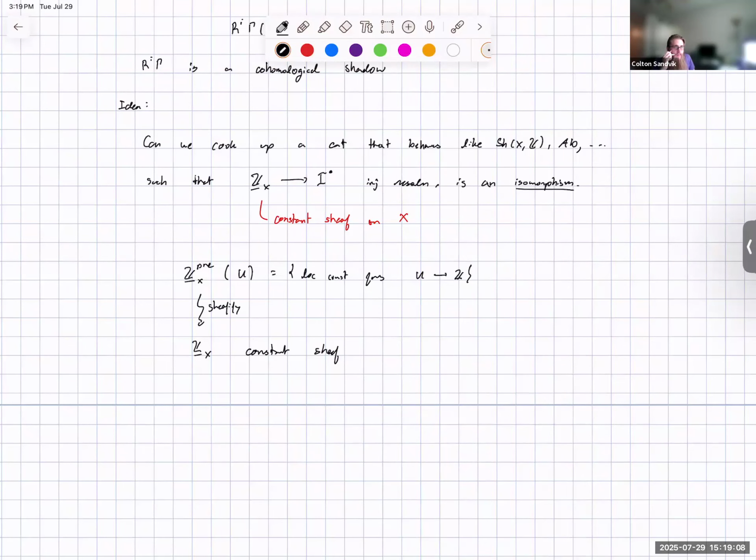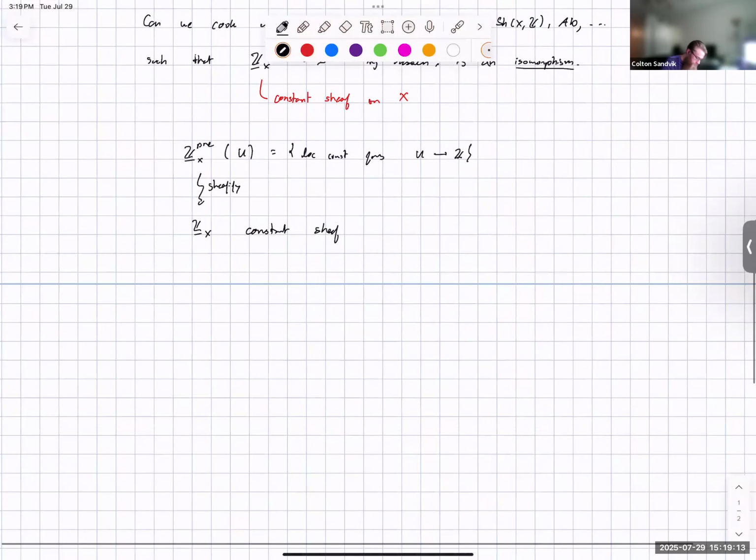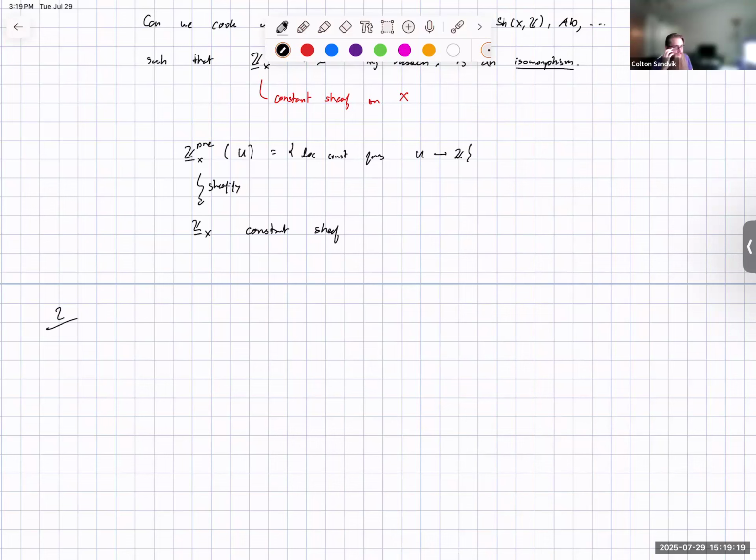Does that help? Okay. So let's now start talking about derived categories. Well, I shouldn't say it's derived categories first.